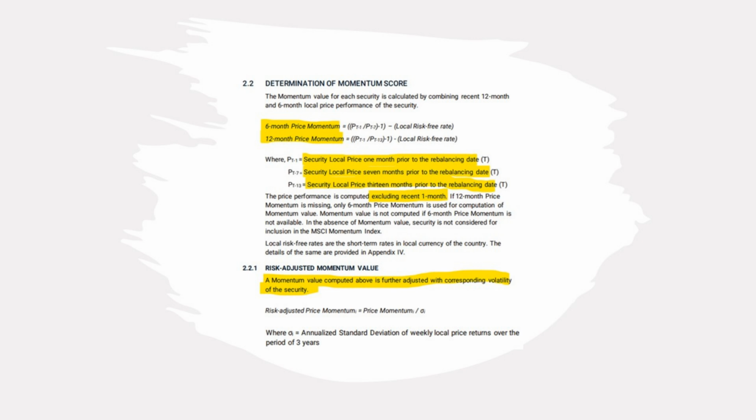Once they calculate these values, they adjust them for the corresponding volatility of the security. The more volatile the security, the less credibility they're going to give to that momentum score, basically speaking. We're going to look at an example of the opposite of that, where a historically very stable, low volatility asset has very good price returns over time.